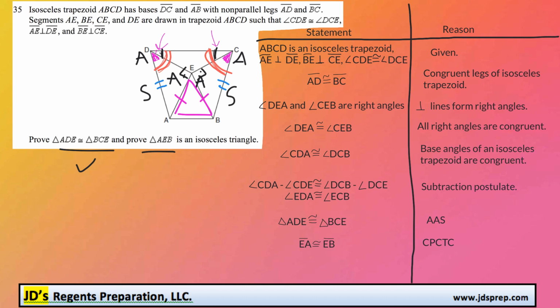And we've done it. Now we can basically say that triangle AEB is an isosceles triangle because, I mean, that's just the definition of an isosceles triangle. If it has two congruent sides, it's isosceles. So you can see that little addition to finish off our statements and reasonings.